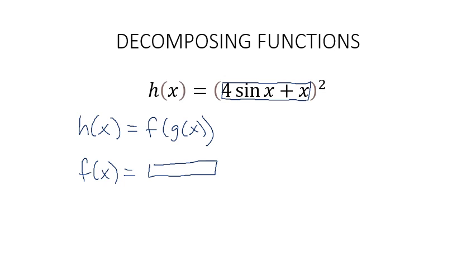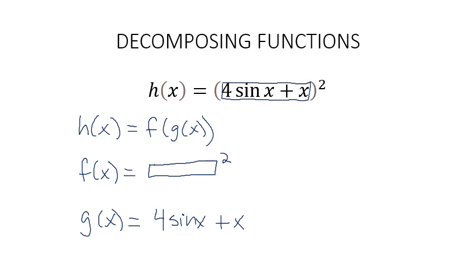I'm going to replace that with something much nicer, but that's sort of the way to get started thinking about decomposing functions. The inside function is whatever was inside that box. So the inside function was 4 sine x plus x, and then for the outside function, you're going to replace whatever your box is with x.